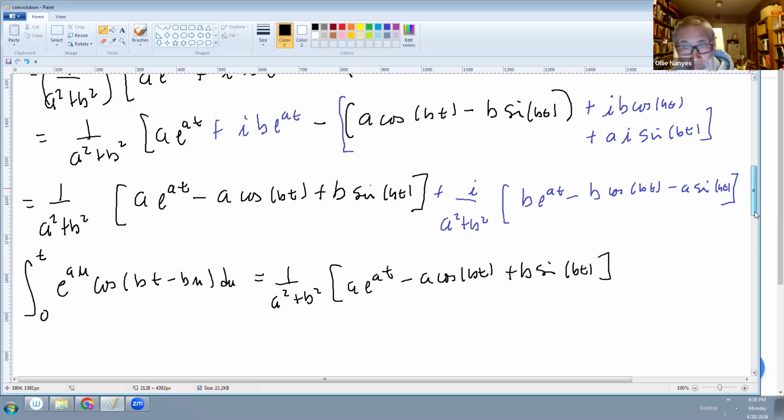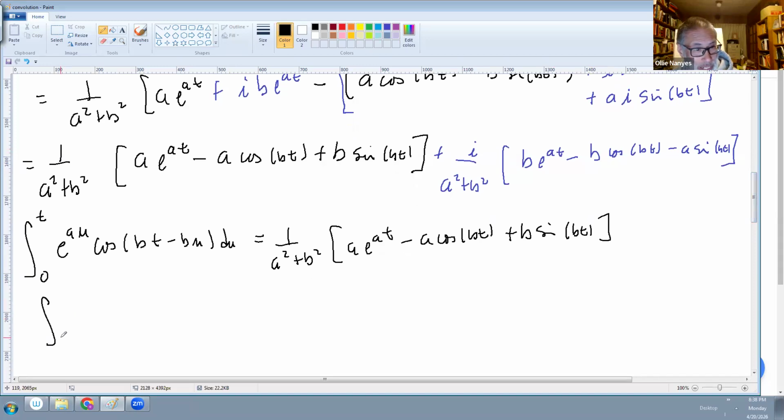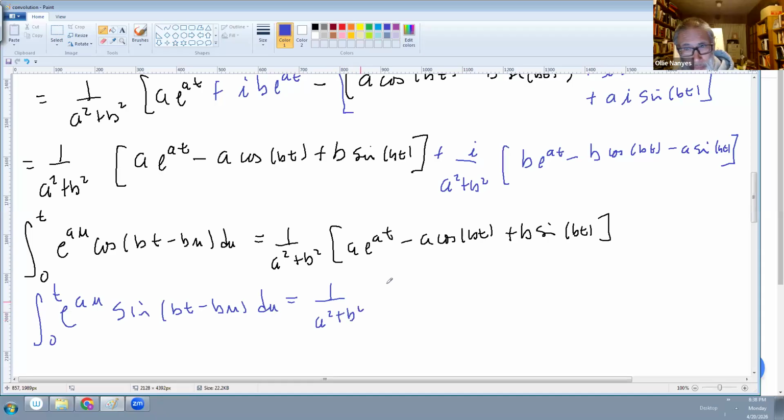And the sine one, which is the imaginary part, and let's do that one in blue, is this. And that's going to be b e to the at minus b cosine bt minus a sine bt. All right, so we do have that.